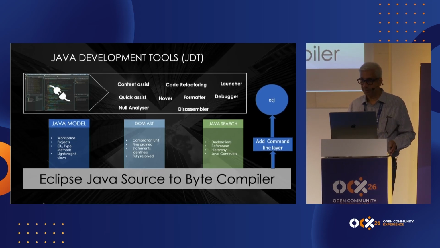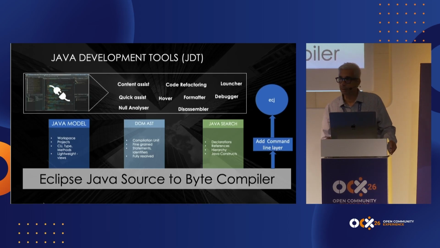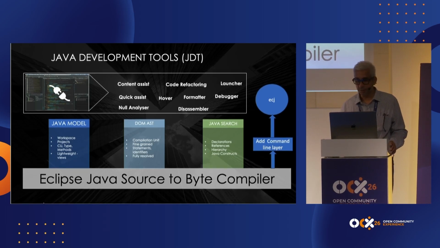And it is not javac. I mean, every time you get asked, so how do you use javac? No, it is not javac. It's our own compiler, Eclipse compiler for Java, or ECJ. So if you look at the release page, you see the ECJ release separately. So today's talk is mostly concentrated on this.